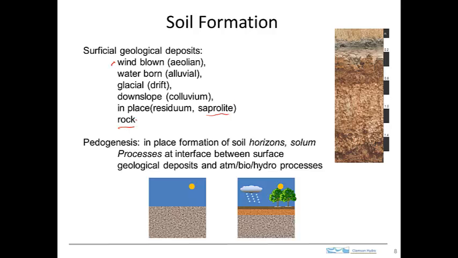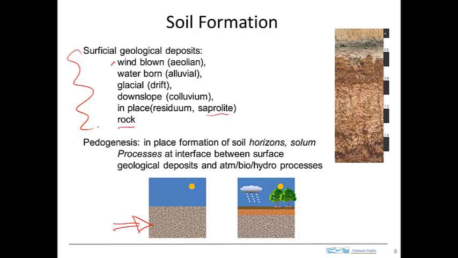So if we start with these deposits, then pedogenesis is the formation of soil horizons or solum that are created on these deposits. So this is a superficial geologic process formed by one of these things.